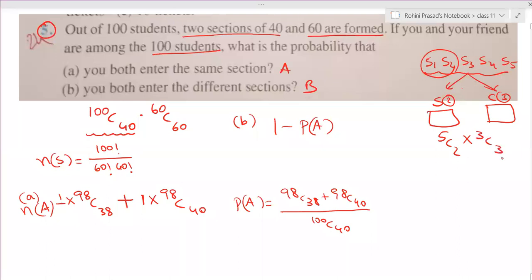That will be 3C3, one way. So the number is increased here. Instead of 5 students into 2 and 3, 100 students into 40 and 60. If you select the 40-student committee first, automatically the remaining 60 will become the 60-student committee. That you can do in only one way, right?